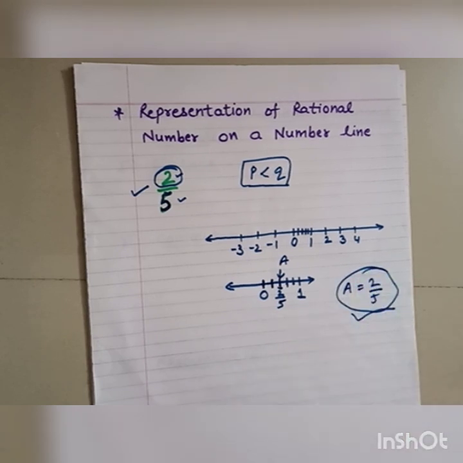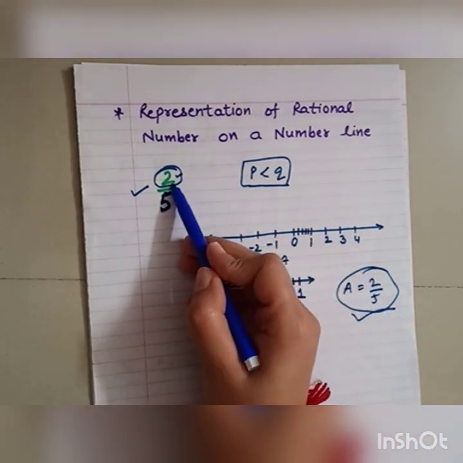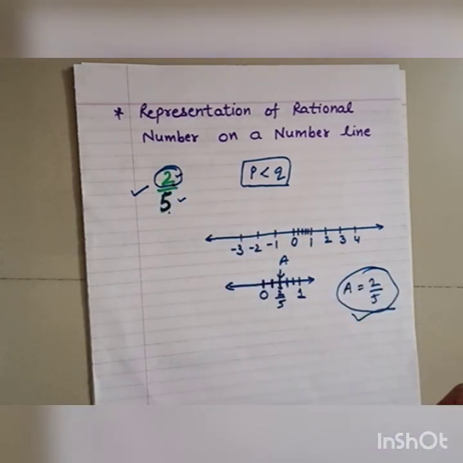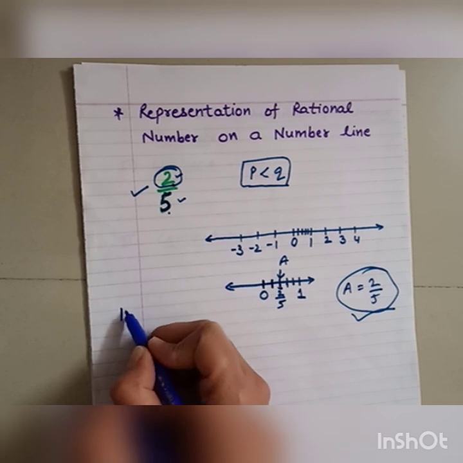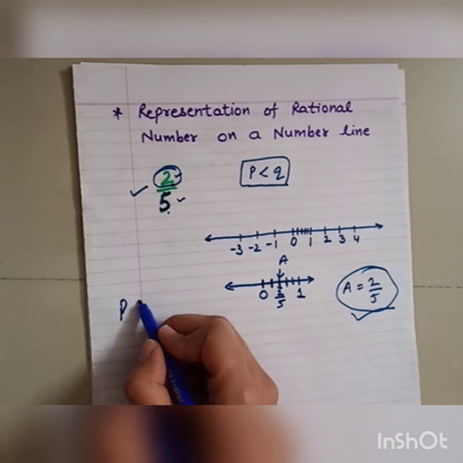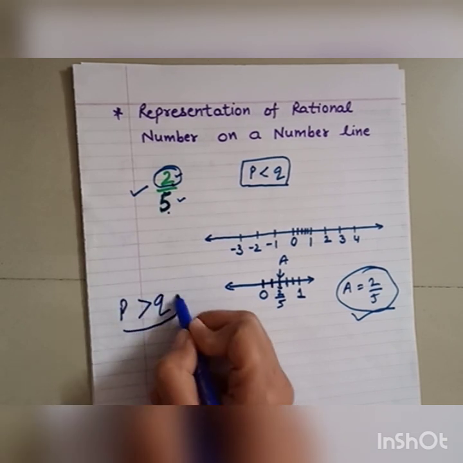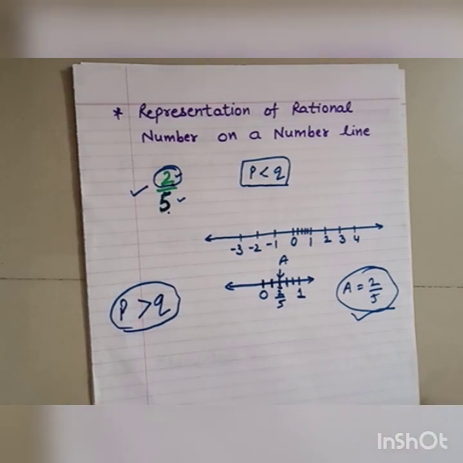This is the way we represent a rational number on a number line when the value of the numerator is less than the value of the denominator. Now see the next condition, when the value of the numerator is greater than the value of the denominator, how can we represent this?